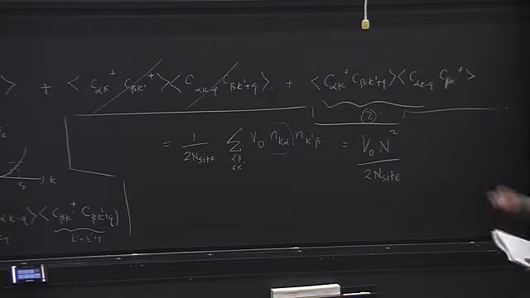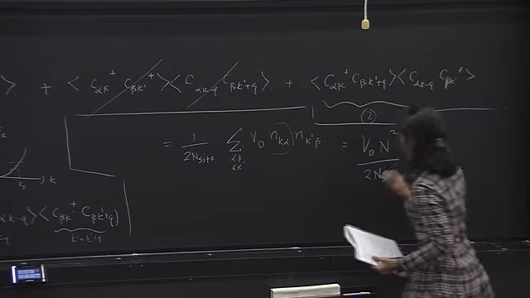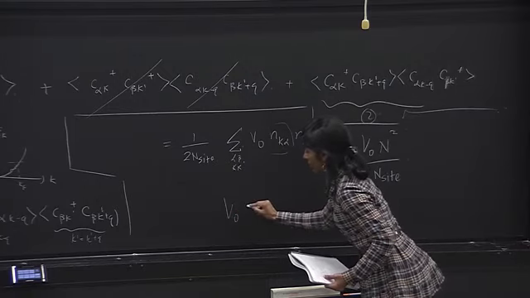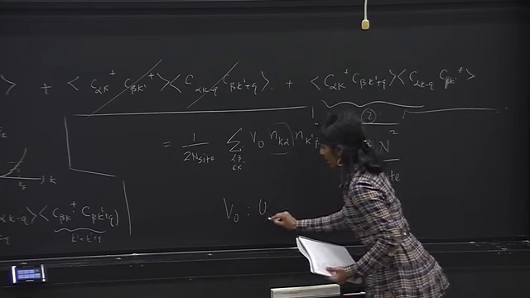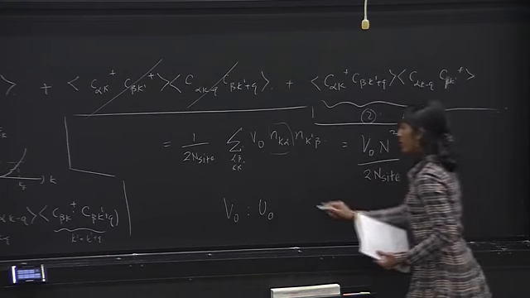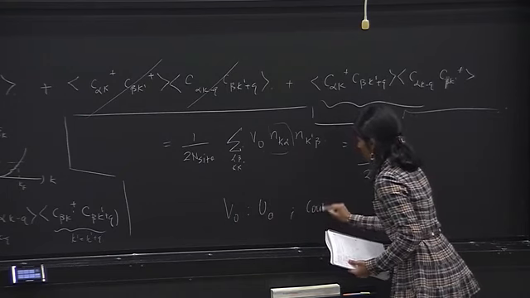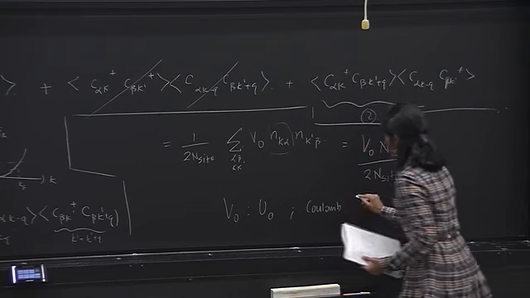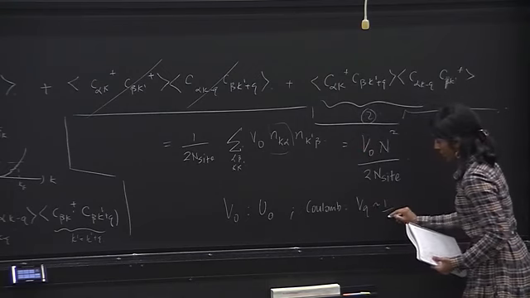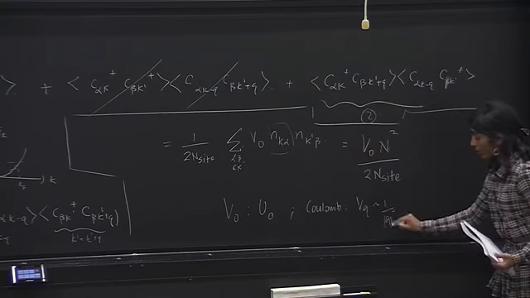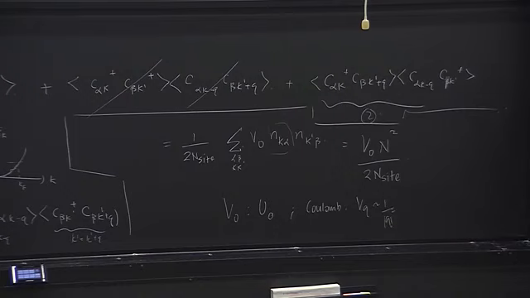So I jumped the gun a bit, but let me just say that. V0 for the short-range case, because we plotted the Fourier transform, is just U0. For Coulomb, as was just pointed out, V_Q goes as 1 over Q squared, and that formally diverges at Q equal to 0. So two points there.